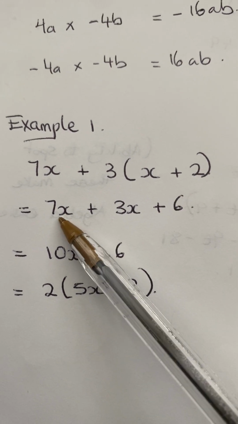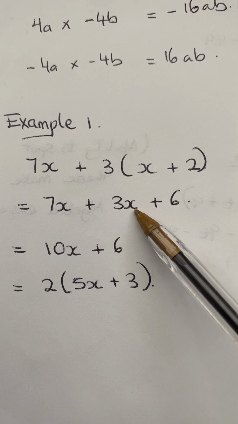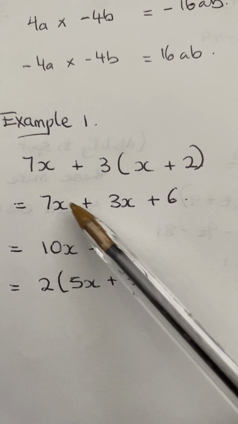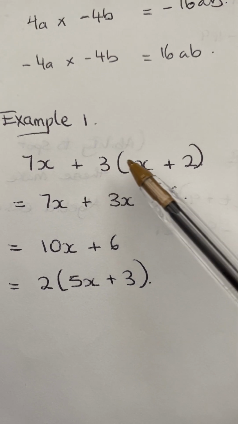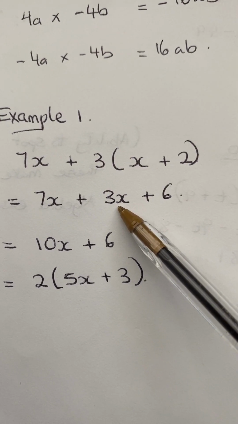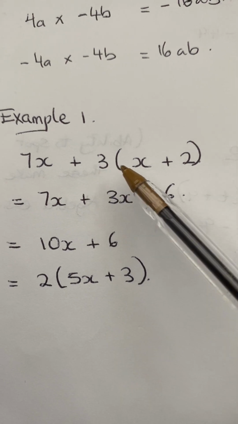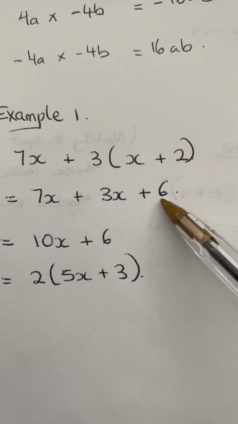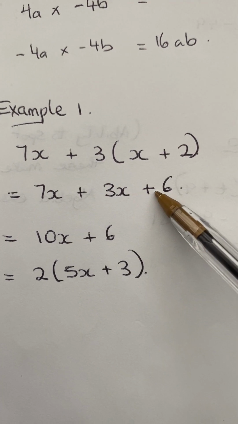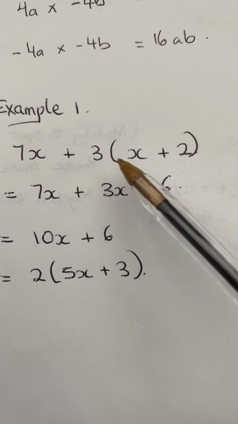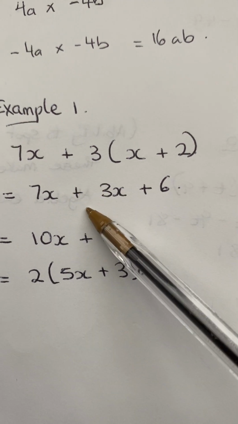So 7x, add 3 times x, which is 3x. 3 times 2 is 6. Both of them are plus, that's why we have plus and plus.